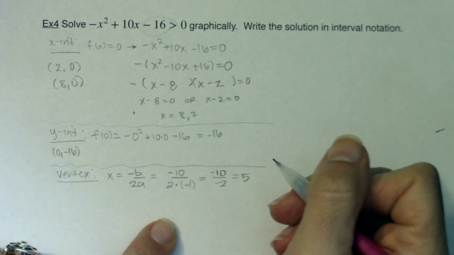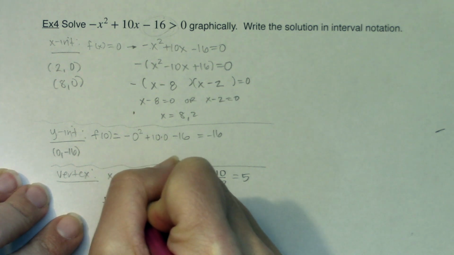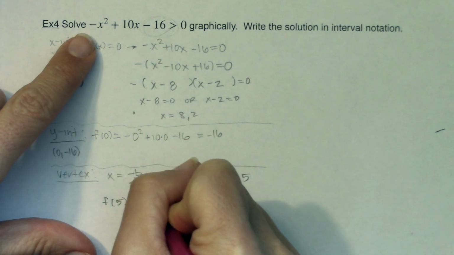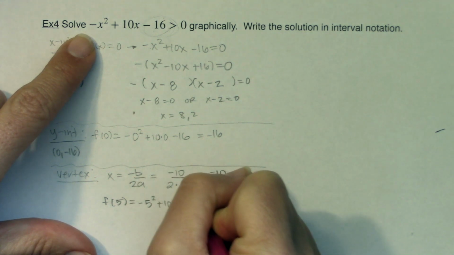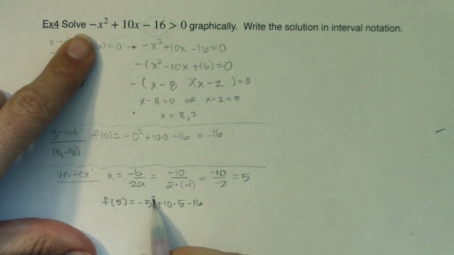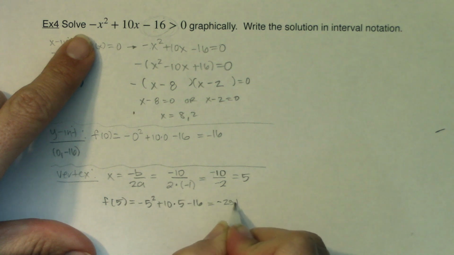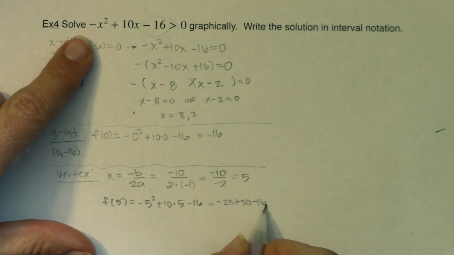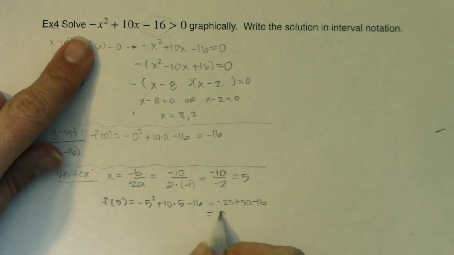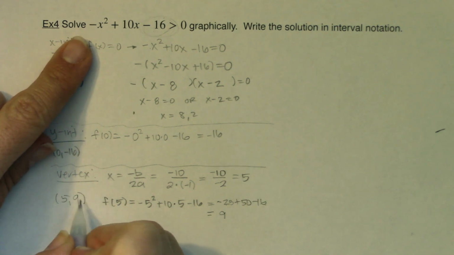All right, so there's the x-coordinate of my vertex. If you want the y, then plug 5 back in. Let's see what we get. We get negative 5 squared plus 10 times 5 minus 16. So this is going to be negative 25 plus 50 minus 16. Negative 25 plus 50 is positive 25. 25 minus 16 is 9. So my vertex is ultimately (5, 9).